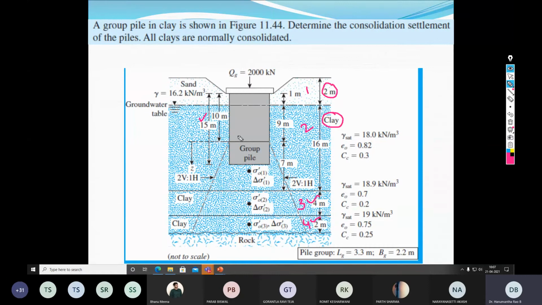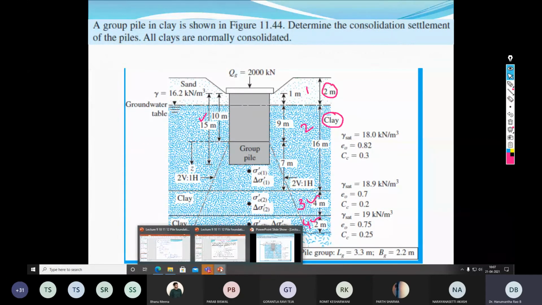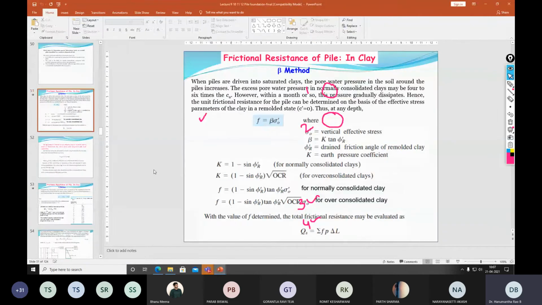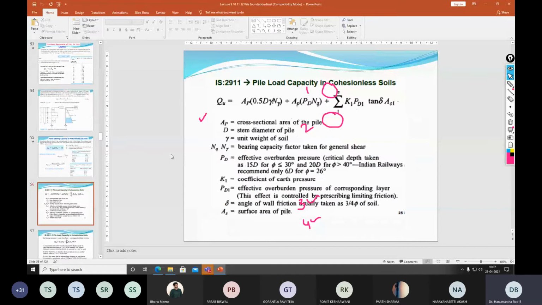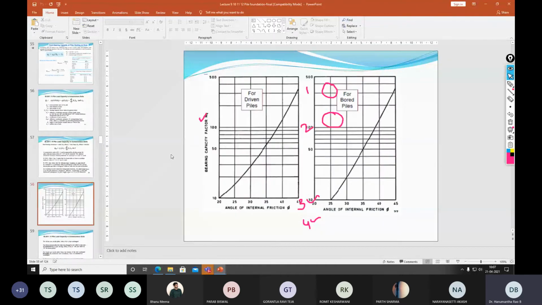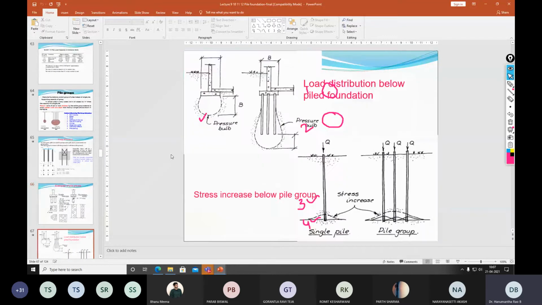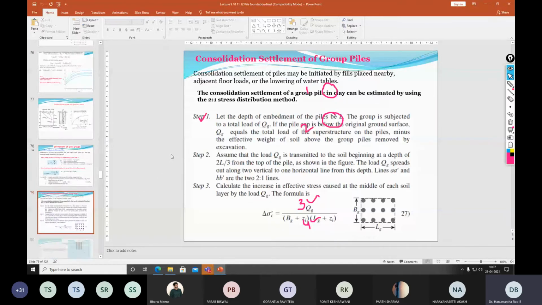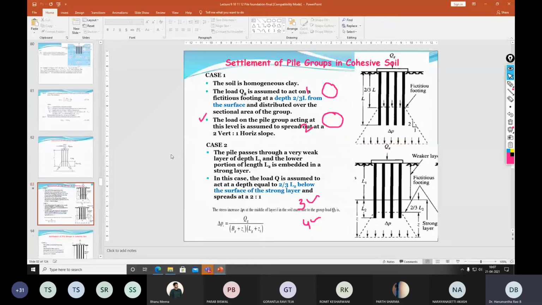So please refer to the handouts. Let me show you here. I'm showing again. So these are the 3 cases we have discussed.